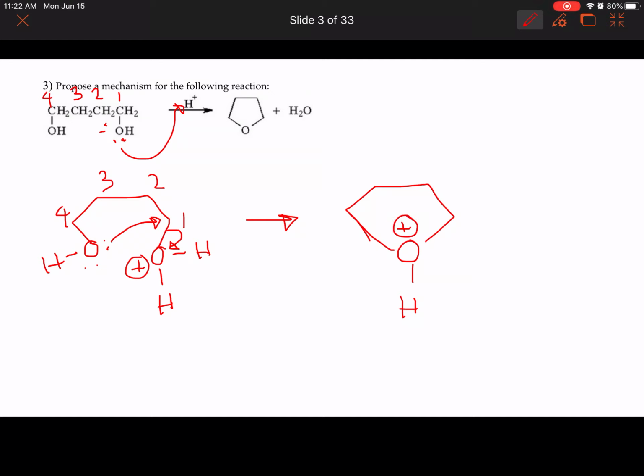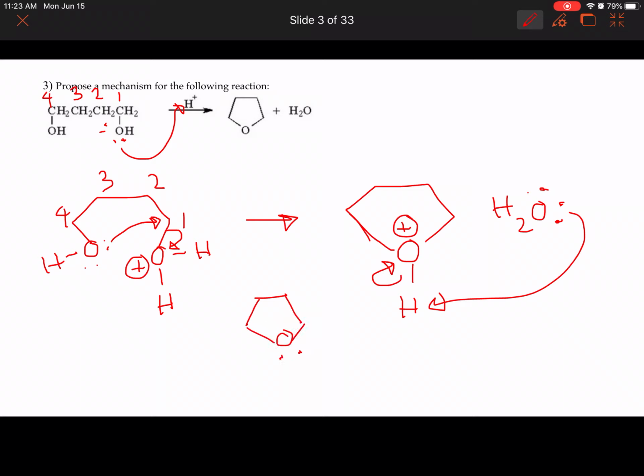Because of that, it will still be positively charged, and the water molecule that left, since we are in acidic medium, is going to grab this hydrogen and give its lone pair back to the oxygen atom, giving us the molecule we want.